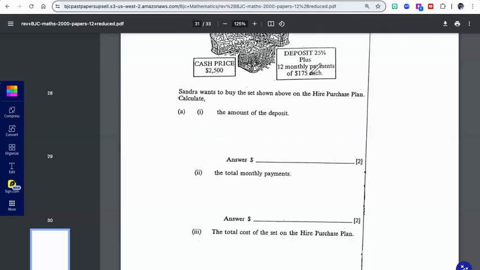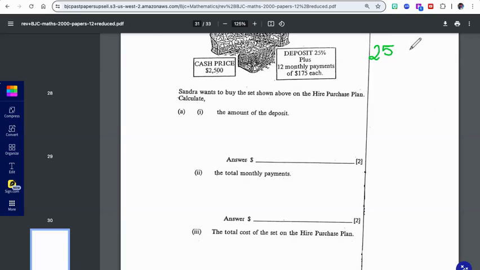Good. The cash price is $2,500. So do not be confused. When you are finding the deposit, it's always of the cash price. Write that note in your book. So it's going to be 25% of the $2,500.